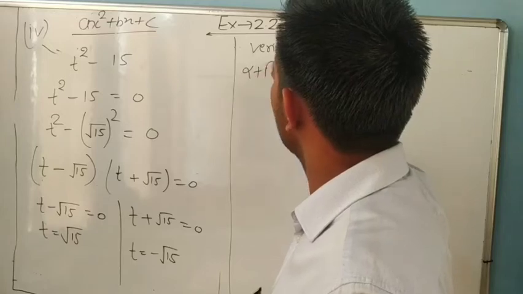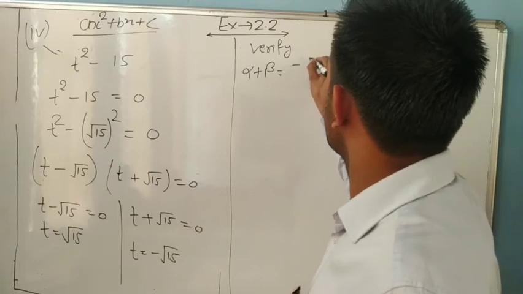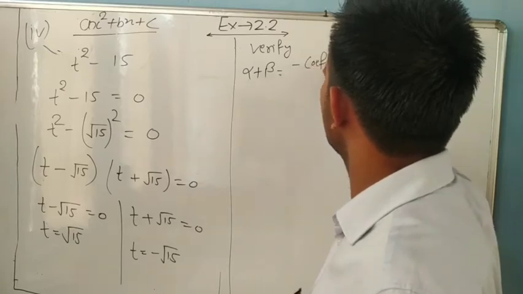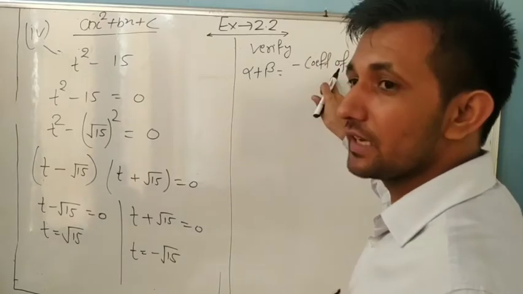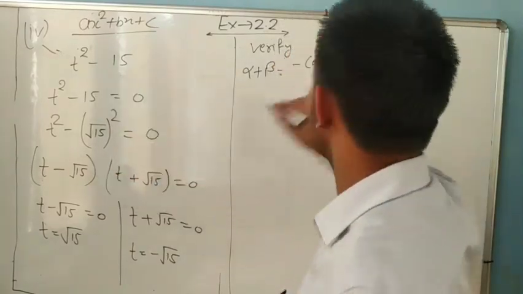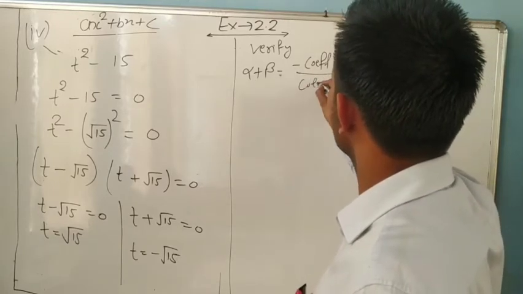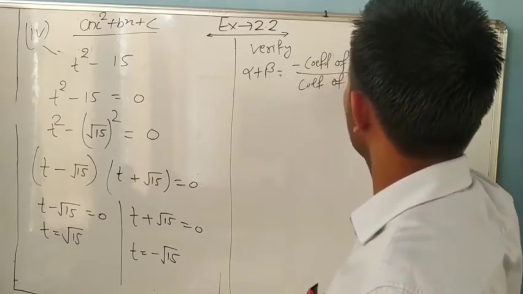Alpha plus beta is always minus the coefficient of x, or what you can write, t, divided by the coefficient of x square.